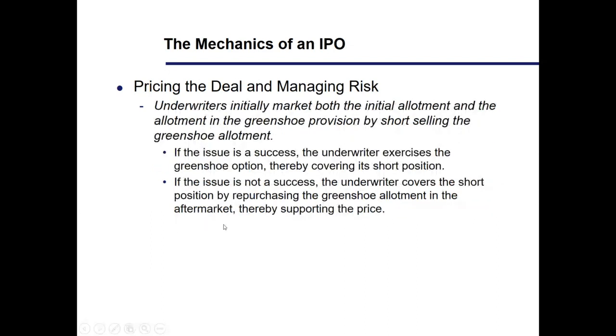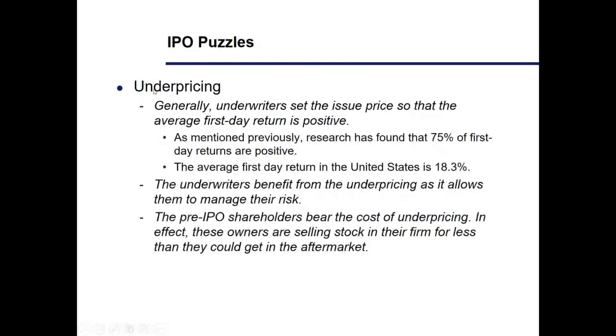The underwriter initially markets both the initial allotment and the allotment in the green shoe provision by short selling the green shoe allotment. So all these I would suggest you read. The underpricing, as I told you: the underwriter sets the issue price so that the average first day return is positive.